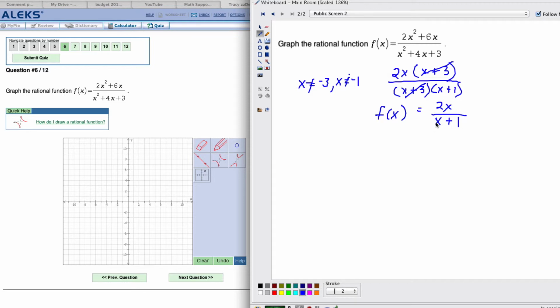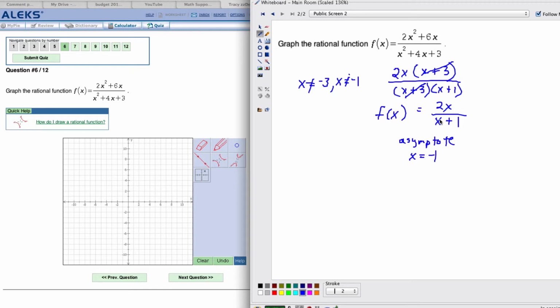Now we can see that we still have this asymptote here. x plus 1 is going to be our asymptote, so x equals negative 1.